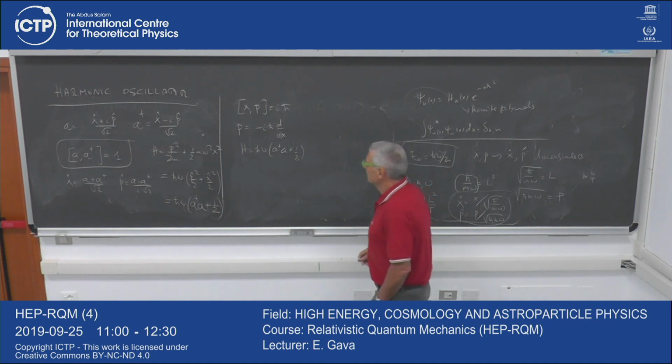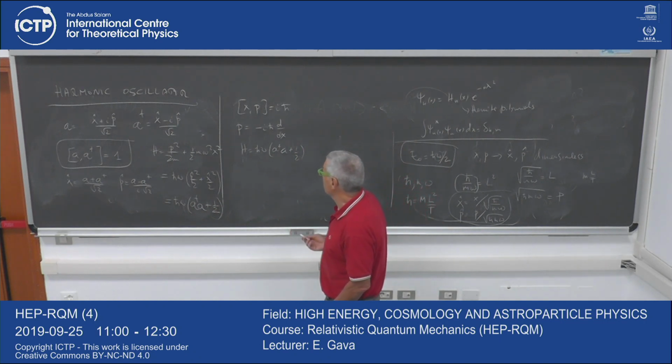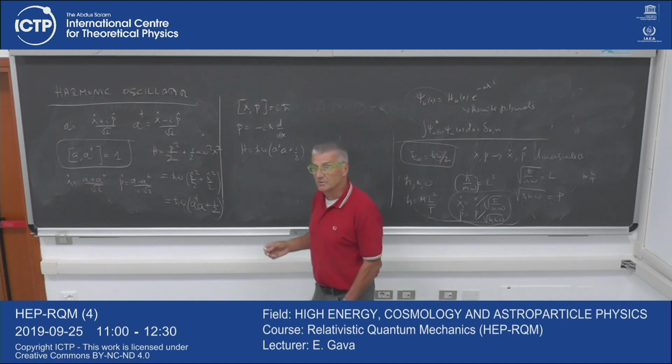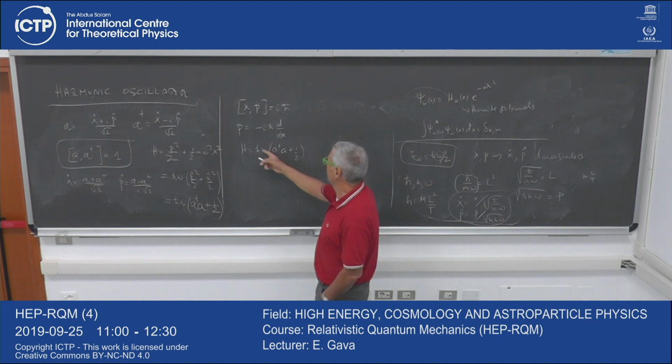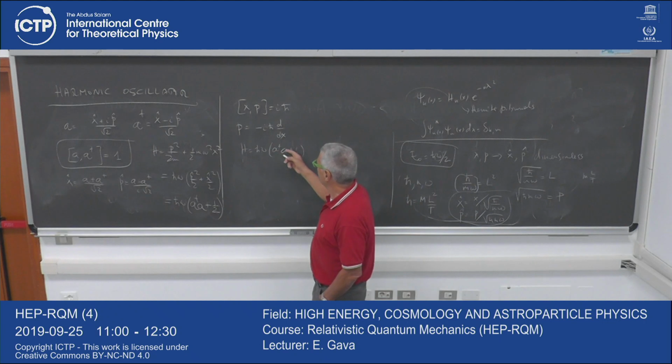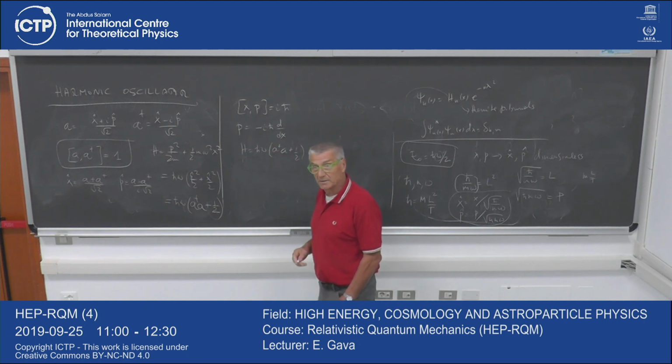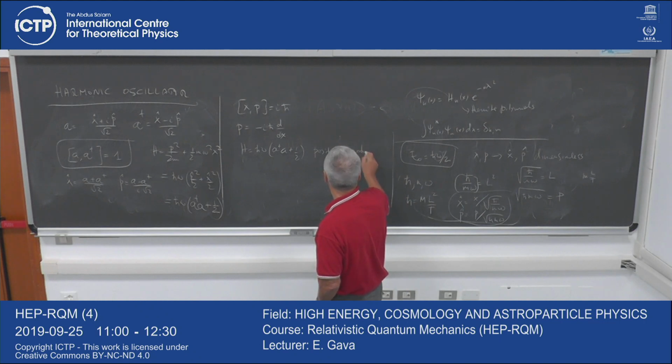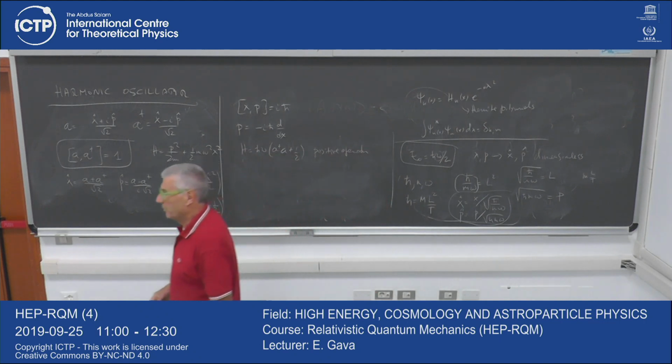Now, this is an Hermitian operator, which is positive, because it involves a positive constant, and an operator times its Hermitian conjugate is a positive operator, meaning it has positive eigenvalues.